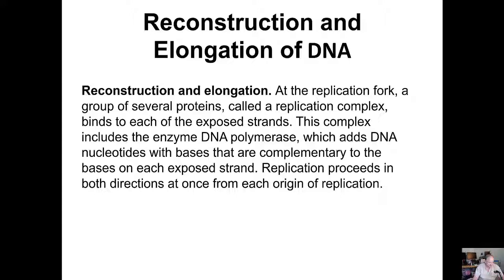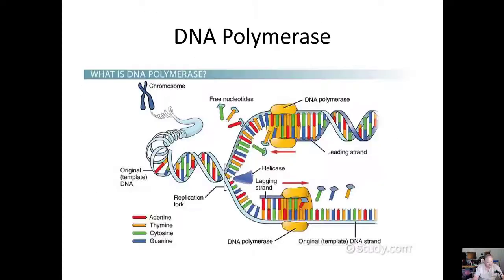For the elongation, the reconstruction part, you can see that as the DNA polymerase is moving, the lagging strand has to catch up and does it sporadically. So you can see the 2 strands.